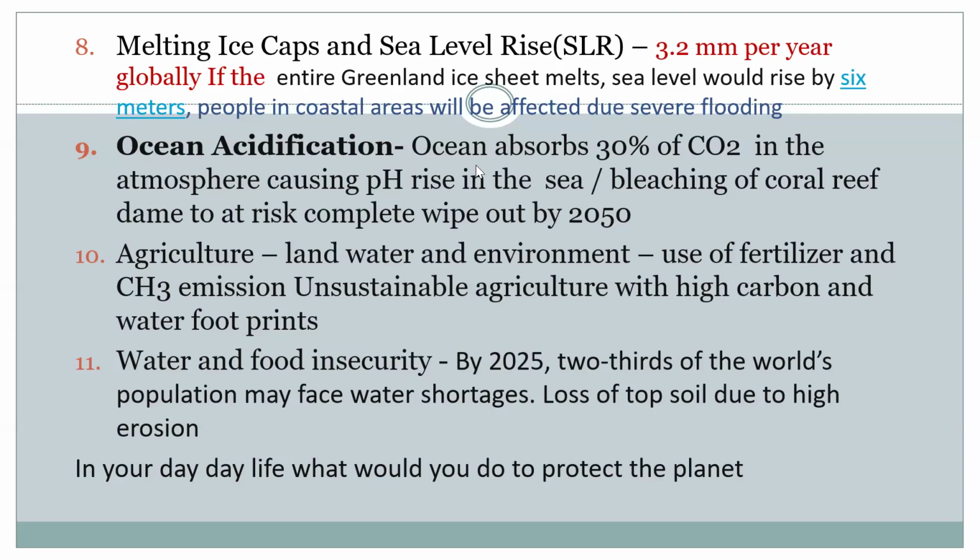Ocean acidification. Ocean acidification takes place because when the CO2 increases in the atmosphere, there is always interaction at the interface between ocean and atmosphere, dissolving CO2 in the ocean.